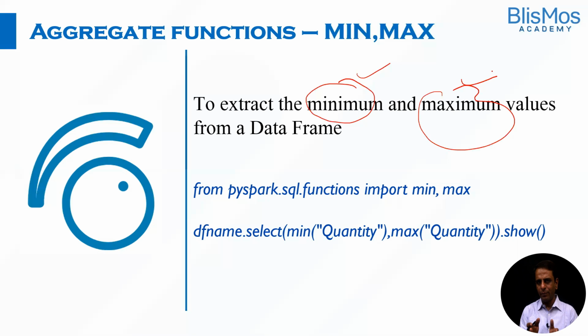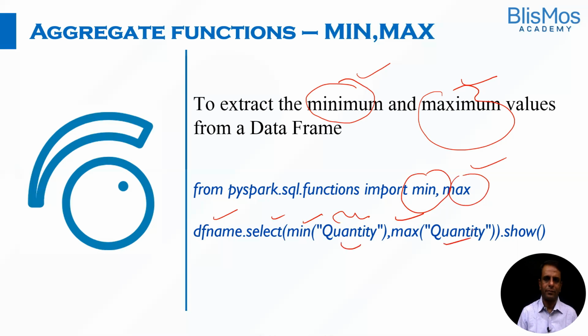When you have a column with numerical values, you want to get the minimum value in that column and you want to get the maximum value in that column. How do we use them? Simple. Import them first and then this is the data frame. Select the column on which you want to get the min and max. Fine. You will be able to get the min and max of a column called quantity here.